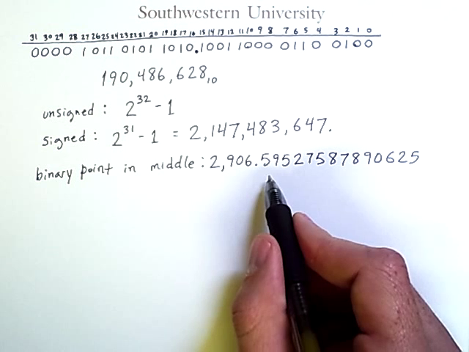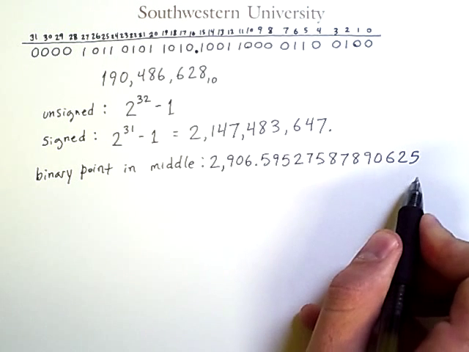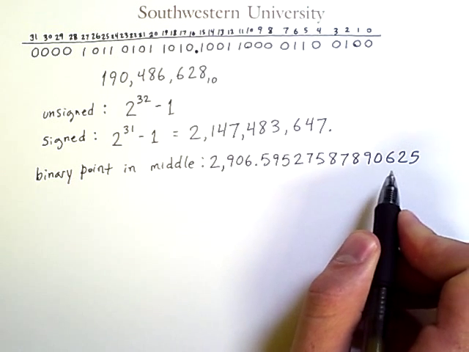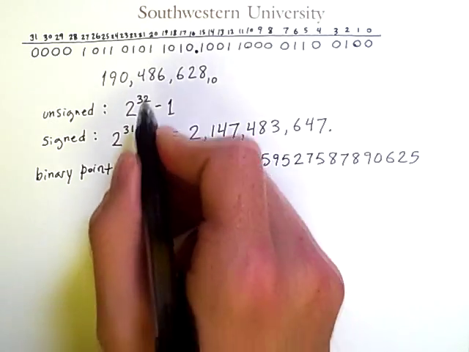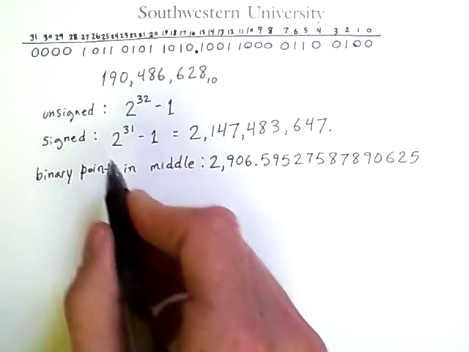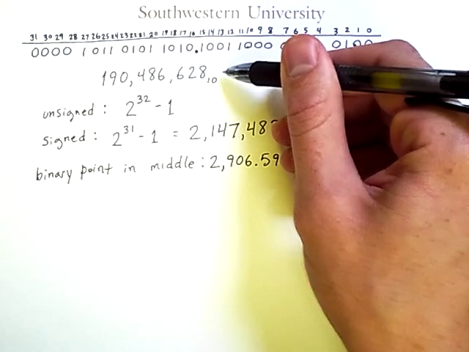So, although we now have a whole range of fractional values we can represent, we've lost the ability to represent many larger values. We can't represent this value anymore, or this one.